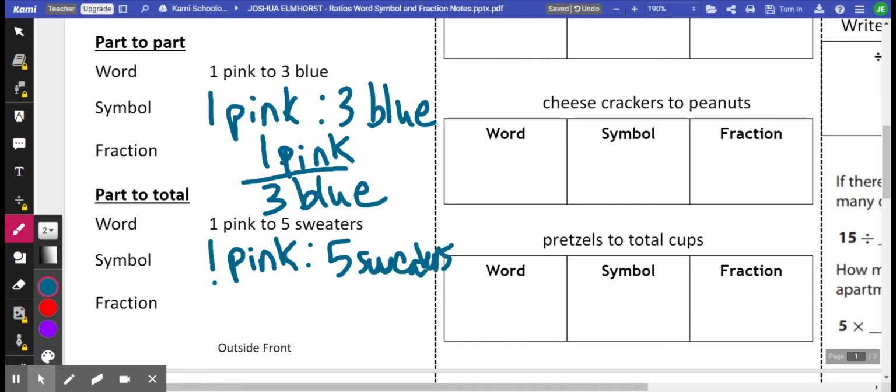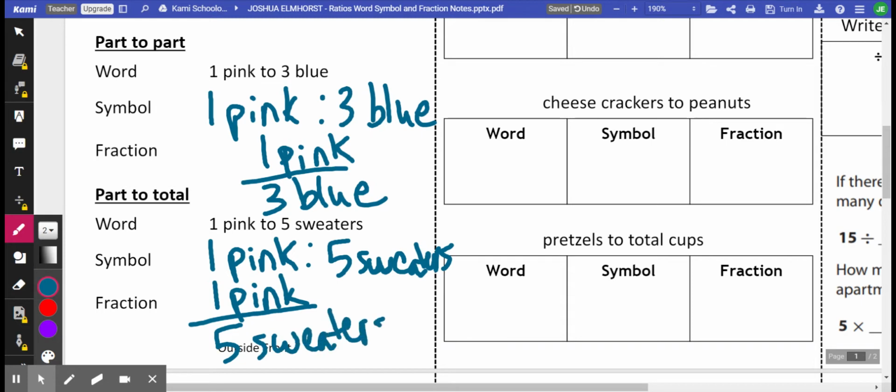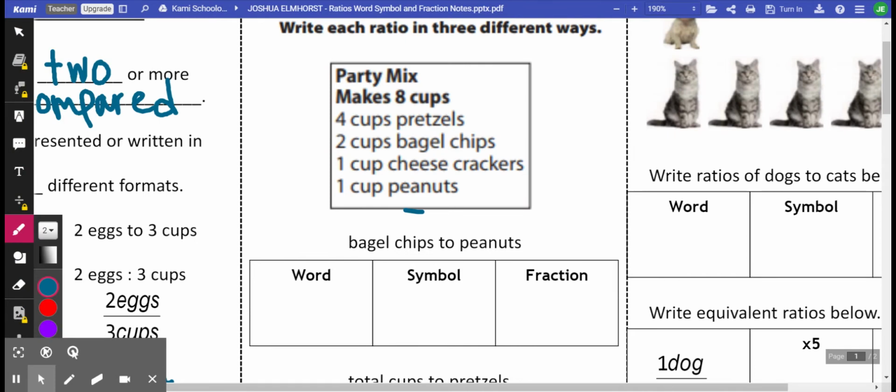And in fraction form, 1 pink over 5 sweaters. So not only are we learning the ratios, we're also learning how to write them in the three different forms.